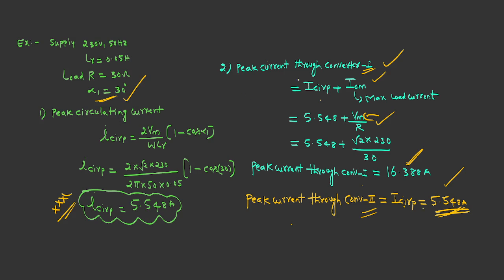But here alpha 1 is given, so peak circulating current plus load current for converter 1. Simple, students. If alpha 1 is given, you add the maximum load current to converter 1. If alpha 2 is given, you add the load current to converter 2. Because that alpha indicates that converter is controlling, and if that converter is controlling, that converter is supplying the current to the load. That is the meaning. This model of question is very important.